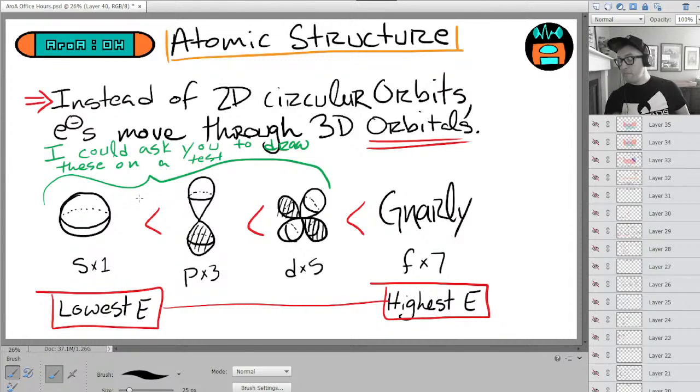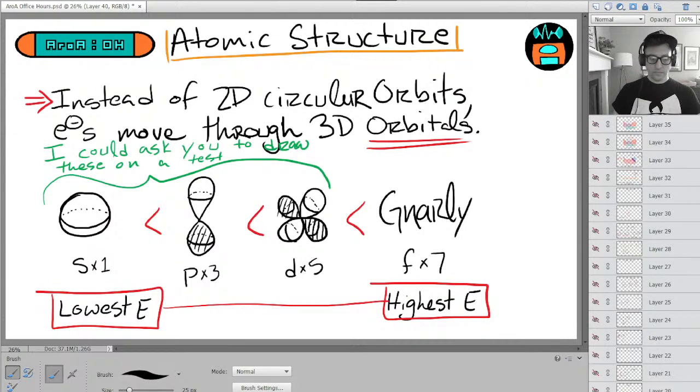Just something to be aware of. That might pop up. I'm not promising it, but it could totally happen. You do need to be able to identify an s orbital from a p orbital from a d orbital. All right.